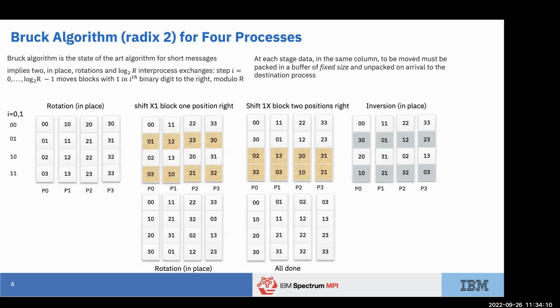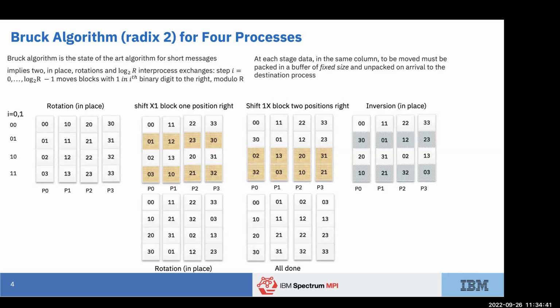What is essential for that algorithm is that it performs a series of rotations. There are log base 2 R rotations, where R is the number of processes, which imply communication between the nodes, and a fixed number of on-node rotations.